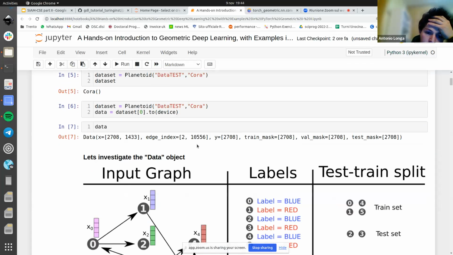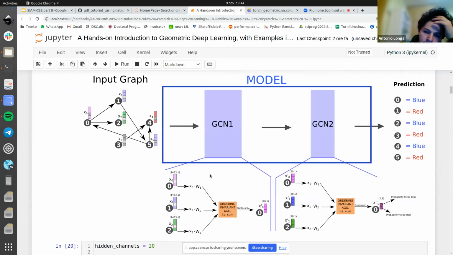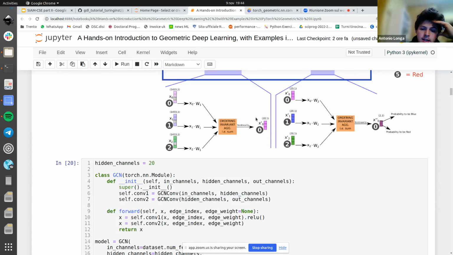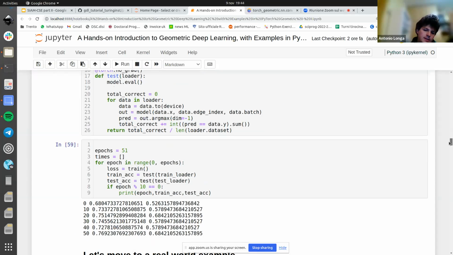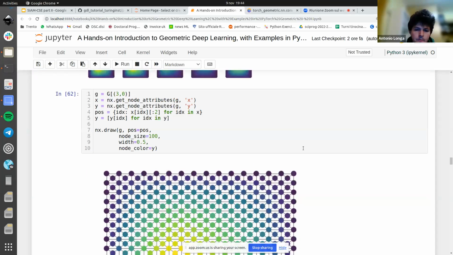Okay, no, this one. You see that when we were computing x prime 0, we were using the same W. GraphSage uses a specific W for x0 and other W's for the neighbors. And this simple modification, simple, I mean, it's another model.